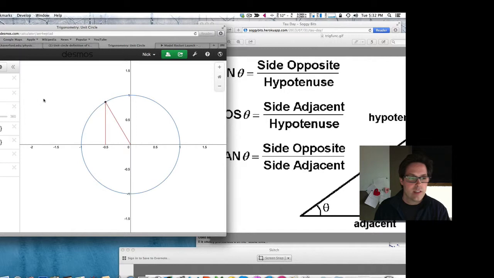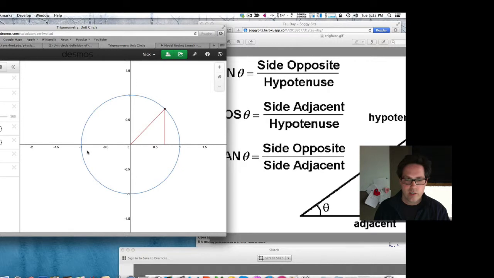And these right triangles are really kind of cool. They form all the angles from 0 to 360 degrees. And it's basically the ratio of the different legs that make up the trigonometric functions. So what does that even mean?